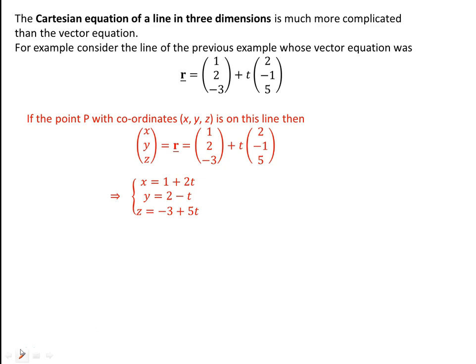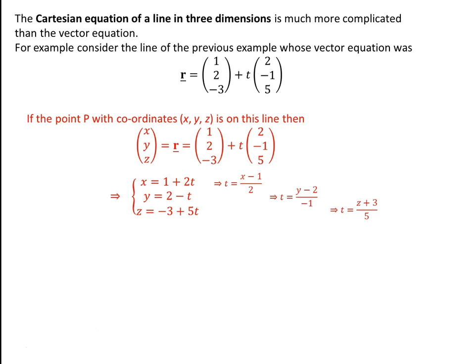For the first one, we obtain t = (x - 1)/2. For the second one, we rearrange y = 2 - t to get t = (y - 2)/(-1). And the equation z = -3 + 5t can be rearranged to give t = (z + 3)/5.